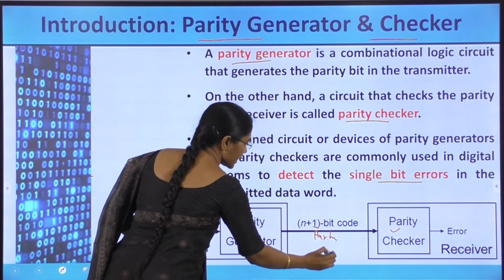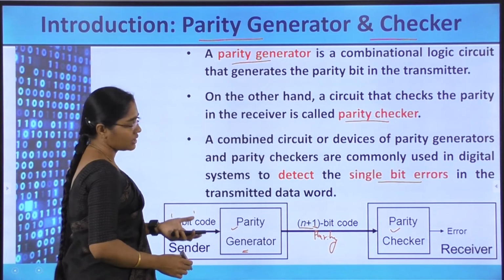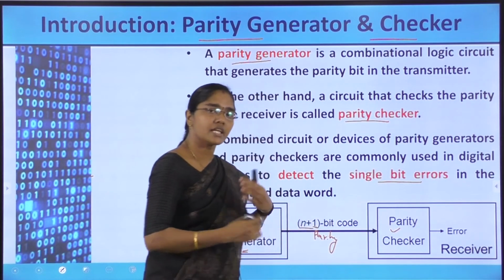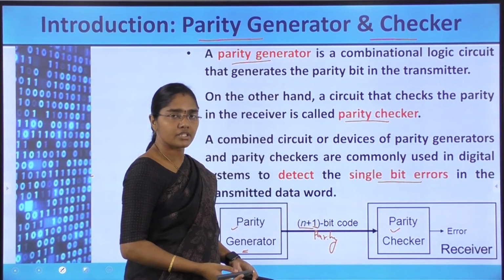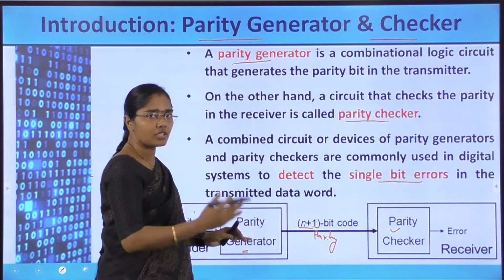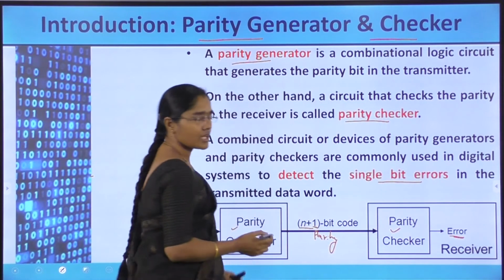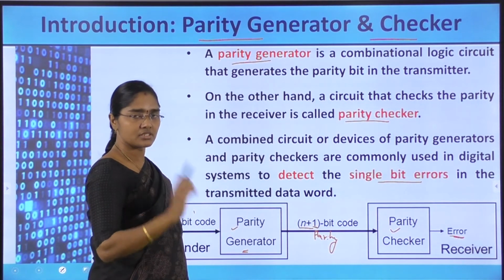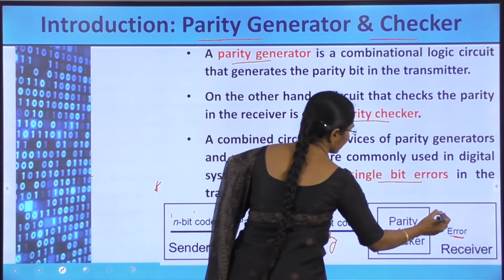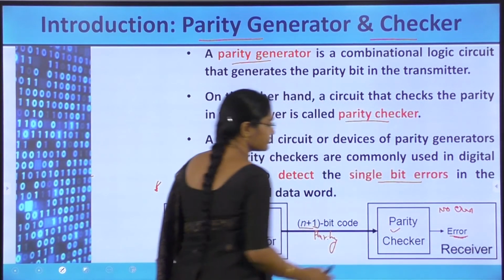So therefore, converting n bits to n plus 1 bits as the output, and then the parity checker takes that n plus 1 bits and checks the parity again, whether it matches the parity sent or not. Okay. So it gives the error as the output by matching the sent and received parities. If both are matched, no error. If both are not matched, then it indicates the error.